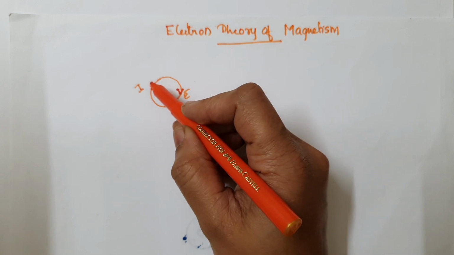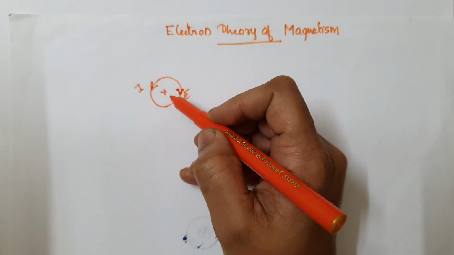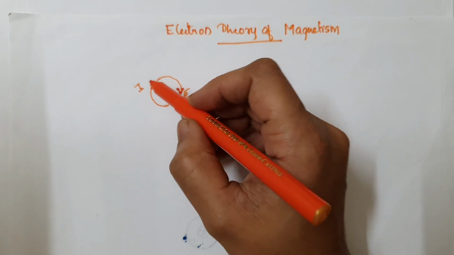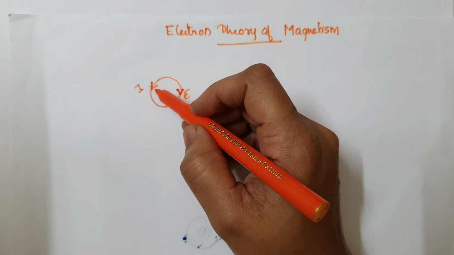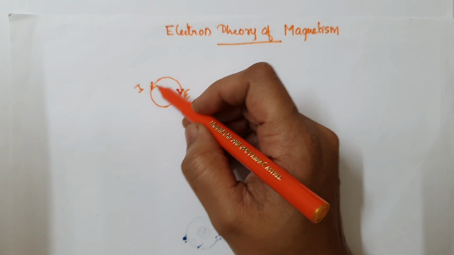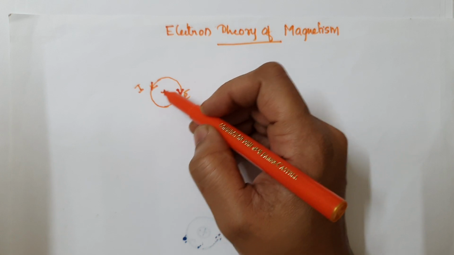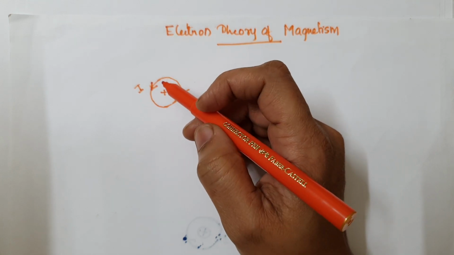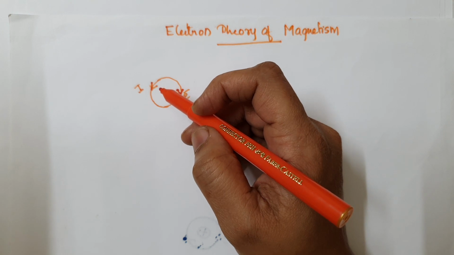That is, this current loop is equivalent to a current carrying loop, and this current carrying loop can act as a magnet. If the current is flowing in the anti-clockwise direction, then this face has north polarity, and if the current is flowing in the clockwise direction, it has south polarity.